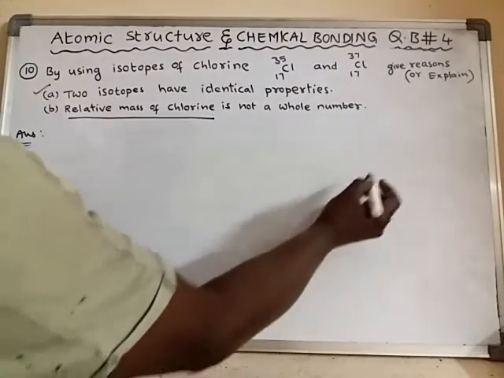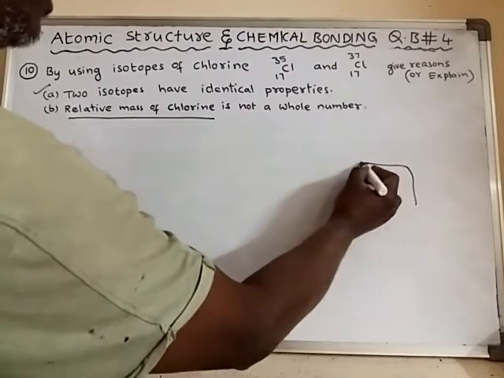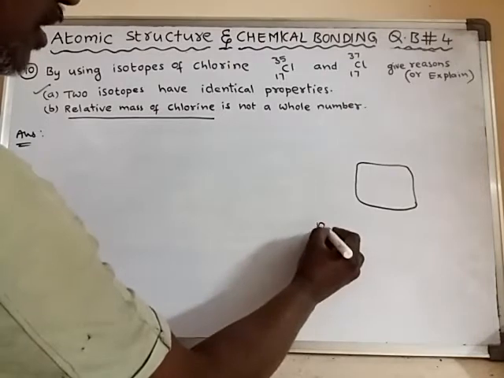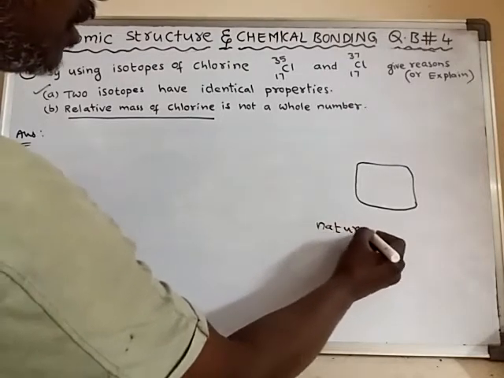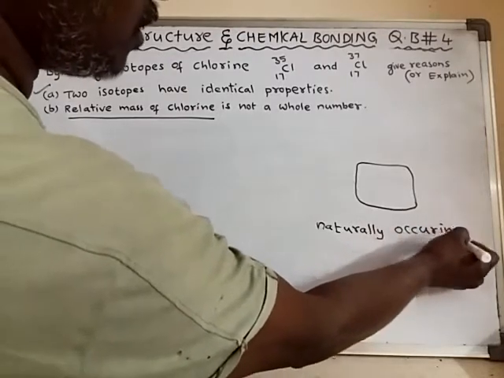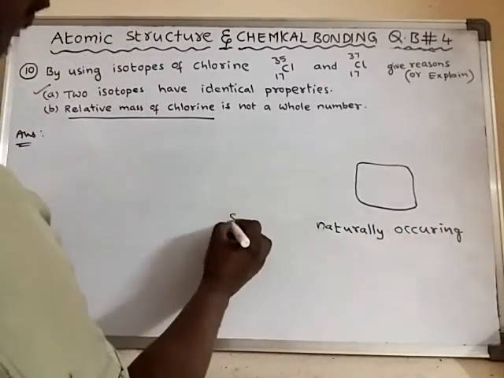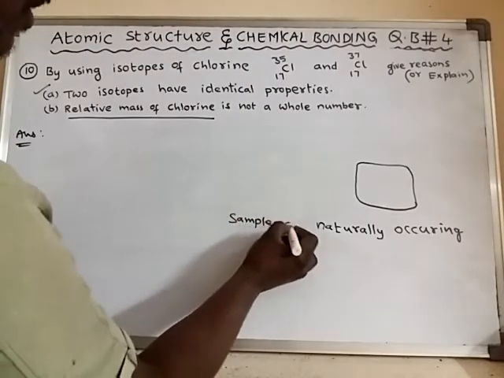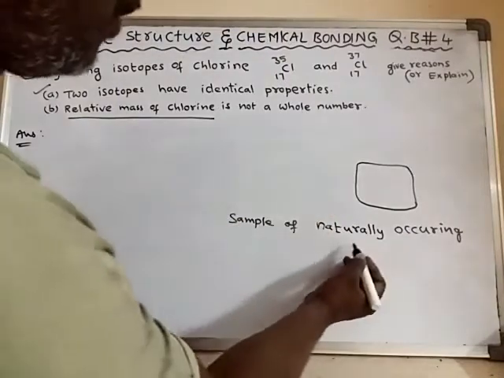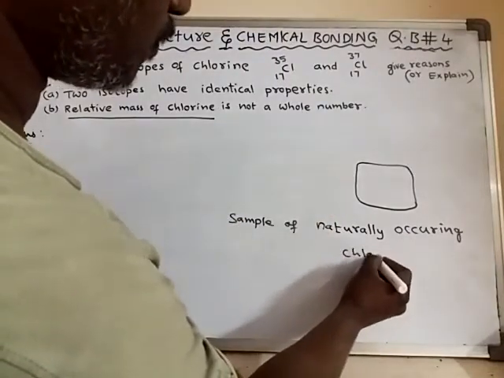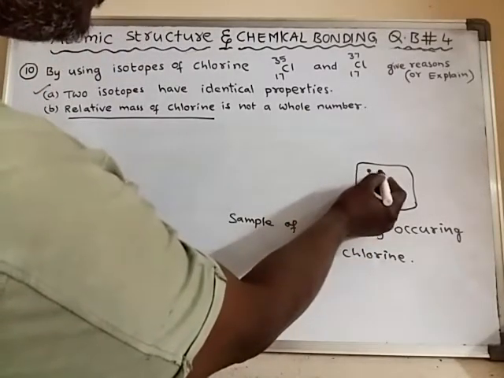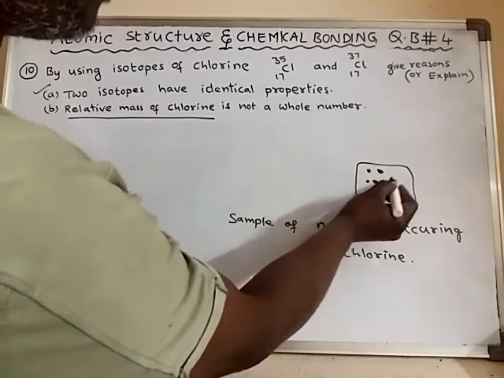Generally, if you take a sample of naturally occurring chlorine, a little bit of chlorine, it contains two different types of atoms.